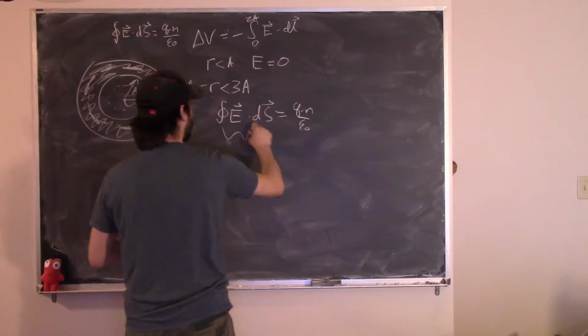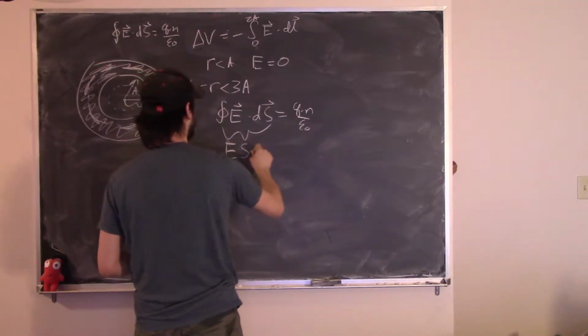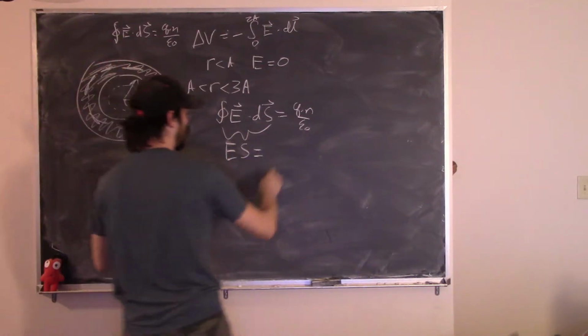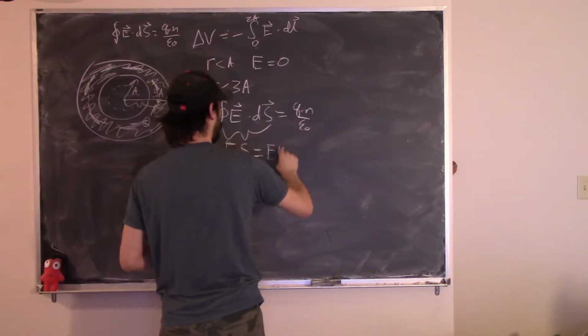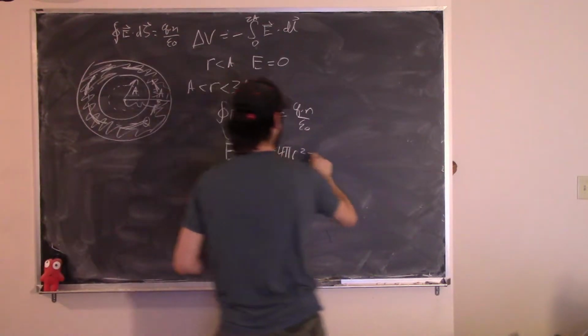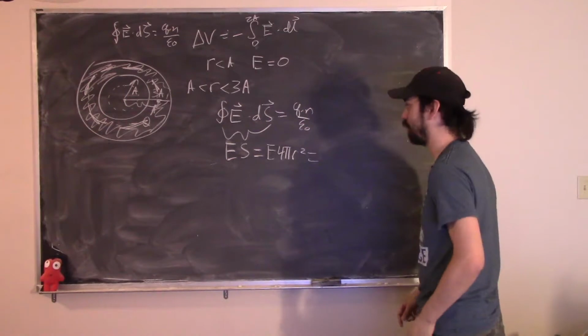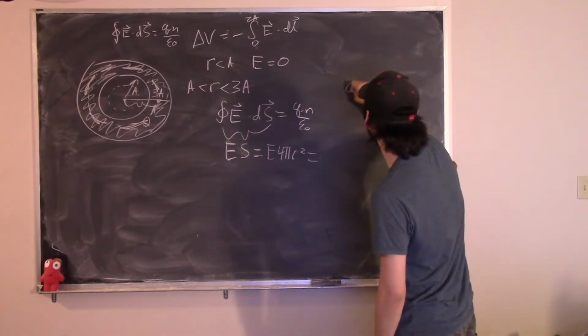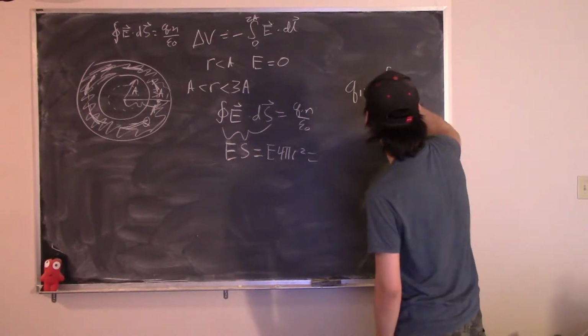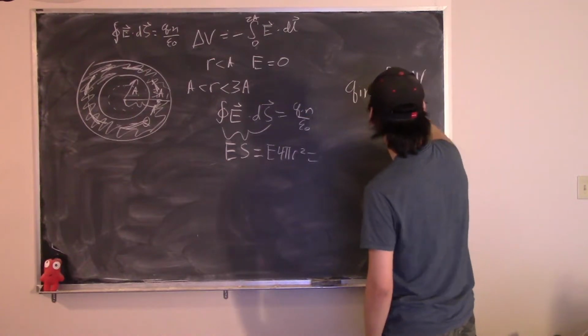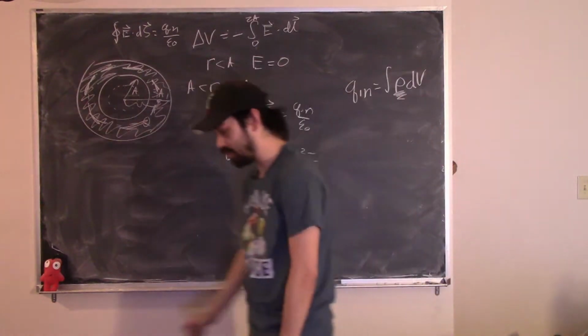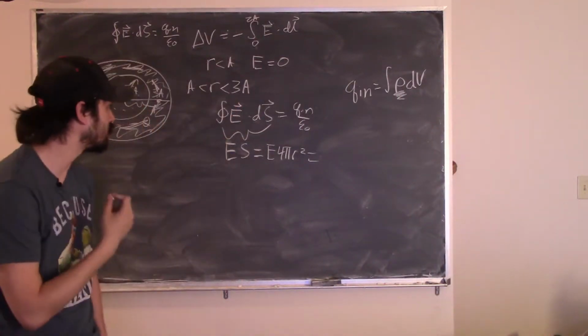The left-hand side reduces to E times S, and because this is spherical, E times 4 pi r squared. Because we have an insulator, Qn is equal to the integral of rho dV. Looking at this, we're going to need to know what rho is.